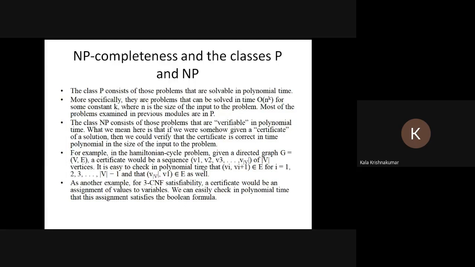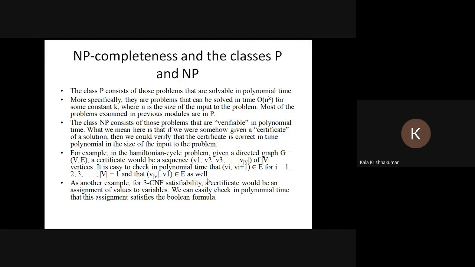That is a possible solution, in the order V1, V2, V3, and so on. I should get a sequence, which means V1 first, then V2, V3, etc. So I give you an order, a certificate. Then it is very easy to check in polynomial time whether this one is a Hamiltonian cycle or not.